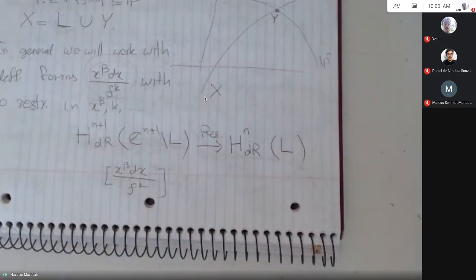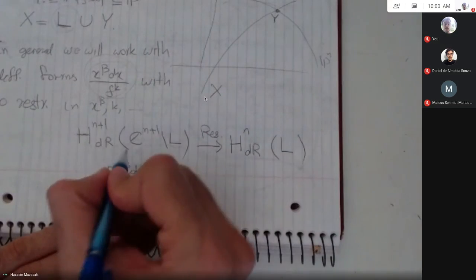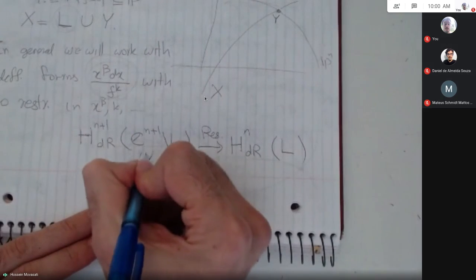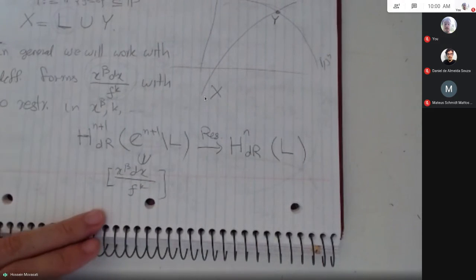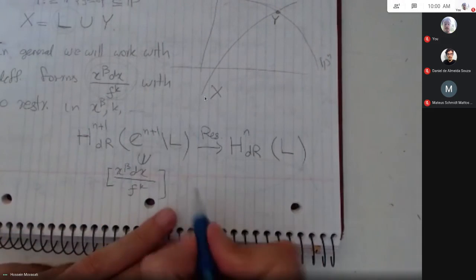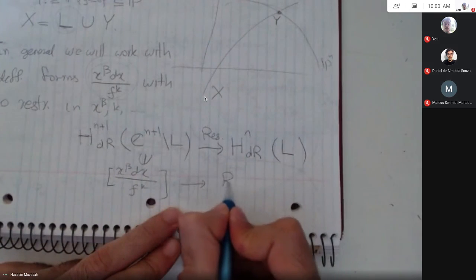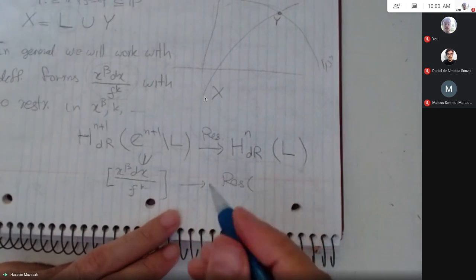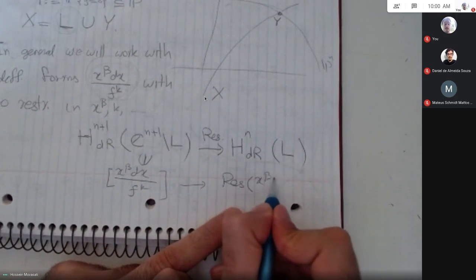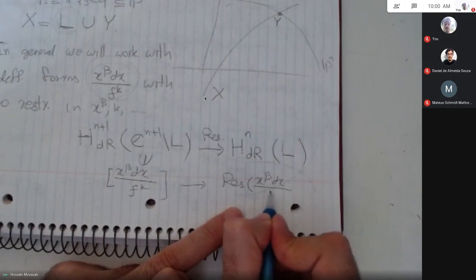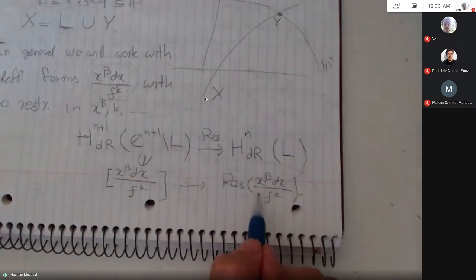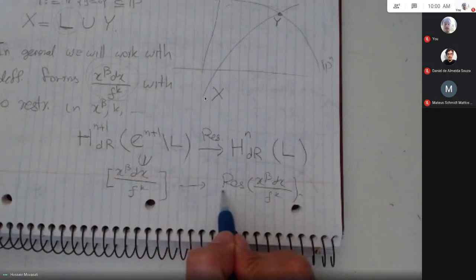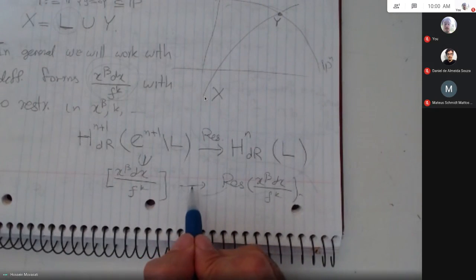Anyway, what I want to say is that at the end, these differential forms are in this space, and I will need this residue of these guys, and this one I will define purely in an algebraic way.